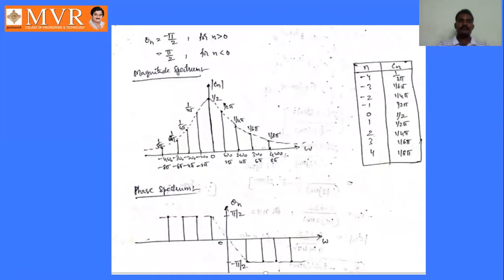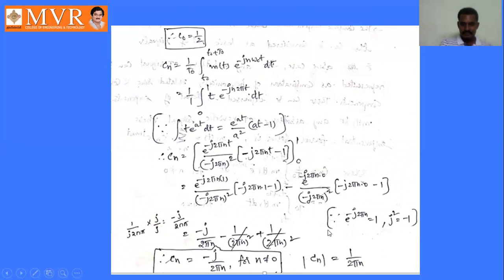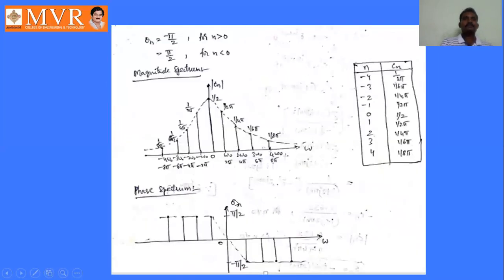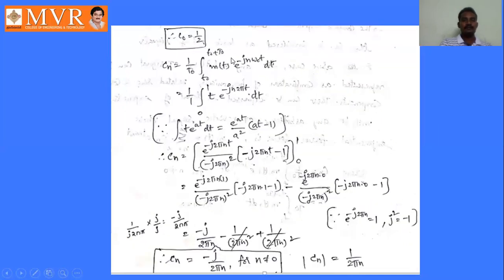Right. So here Cn is 1 by 2 pi n. How do we find theta n? Theta n is the phase angle. The phase angle is minus pi by 2 for n greater than 0, and pi by 2 for n less than 0.